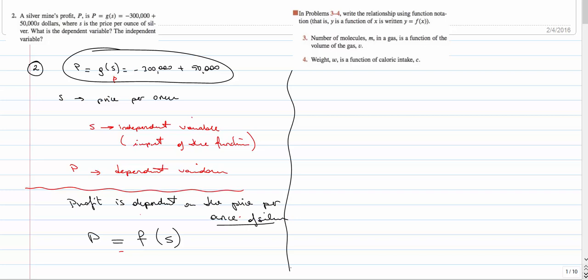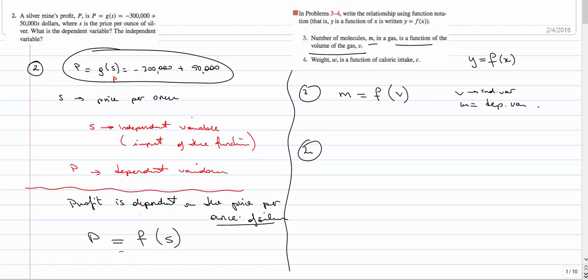Problem 3. Write the relationship using function notation. Y is a function of x is written y equals f of x. So for problem 3, the number of molecules m is a function of the volume of gas V. So m is equal to f of V. V here is my independent variable and m is my dependent variable.